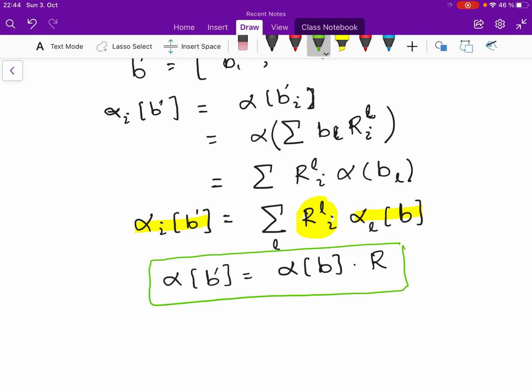So a linear functional is a covariant vector. In column vector form, this R will come before alpha.